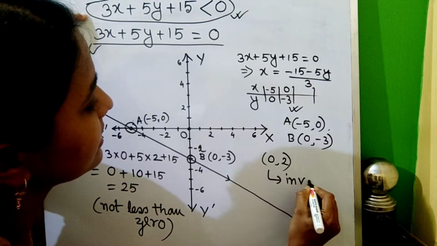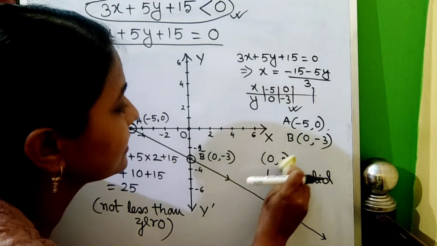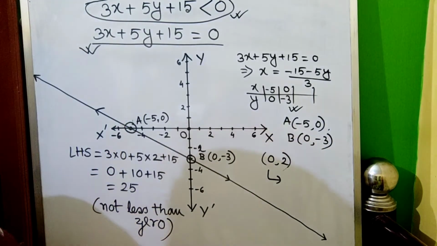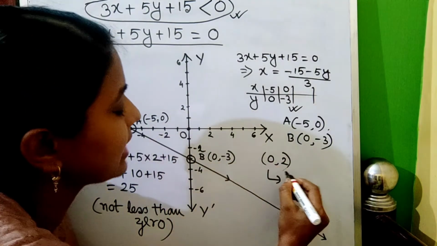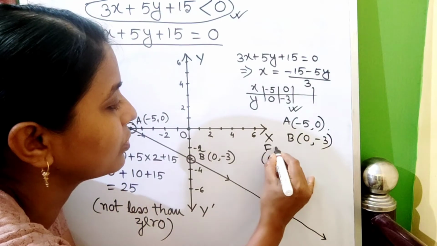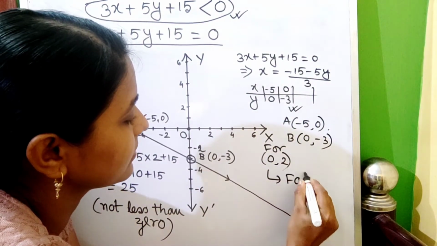Or in mathematical words, in the inequality chapter we say that for 0, 2 the inequality is false.